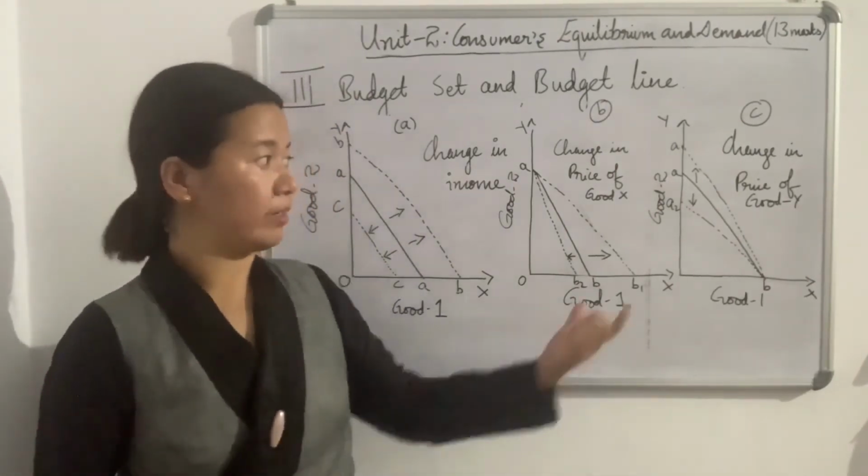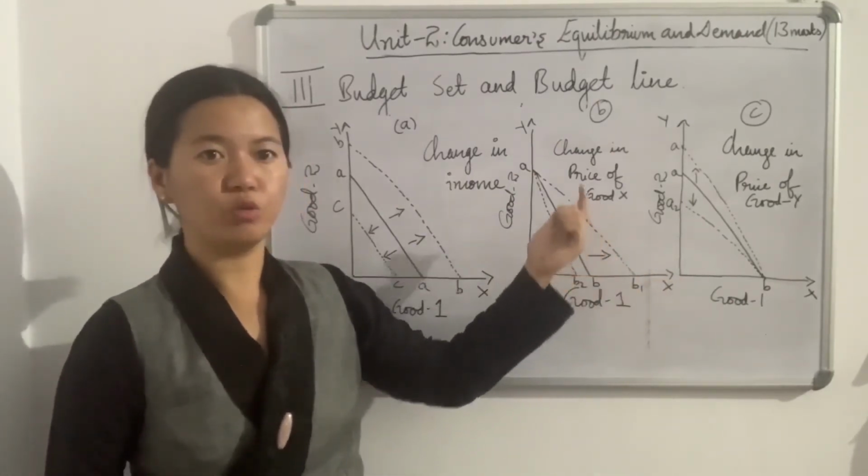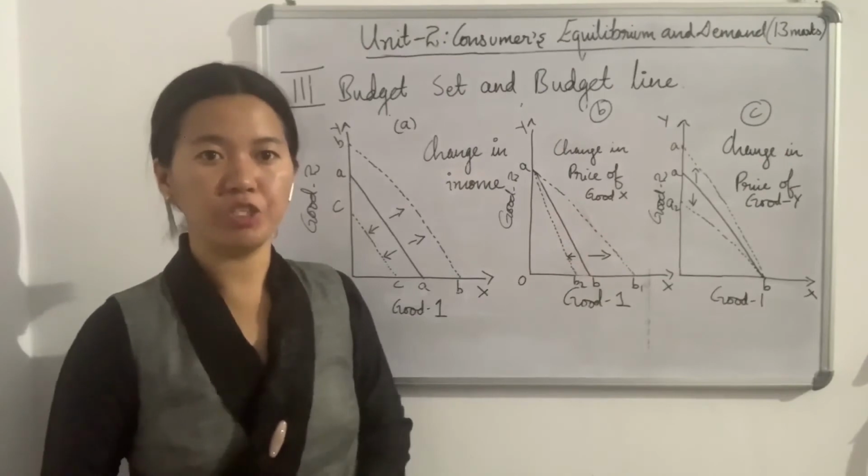Let's go to the third diagram. In the third diagram, there is rotation in good 2, which means that there is a change in the price of good 2.